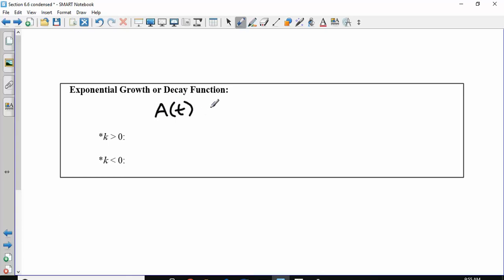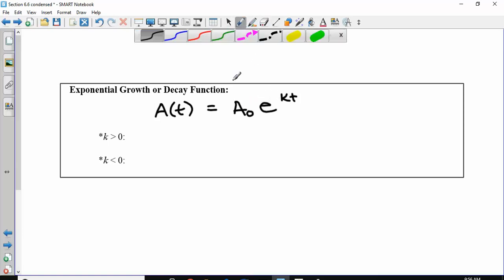So it will look something like A sub 0, which is just our beginning amount, e to the negative kt power. Actually, let's just do kt. It actually works out the same either way, it just turns out to what your value k is, but we can keep life a little bit easier if we just keep it as a positive.